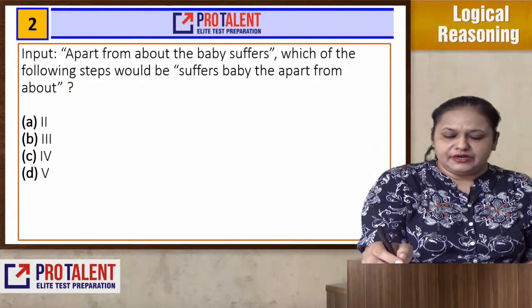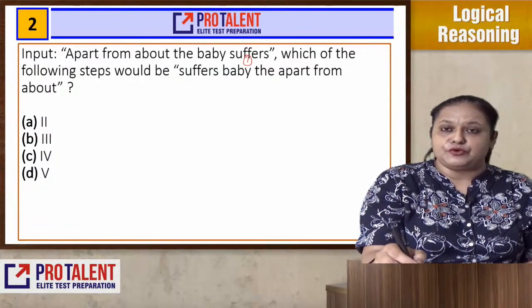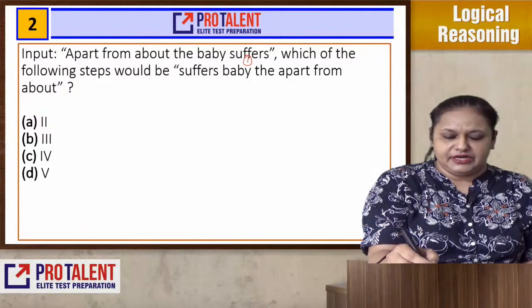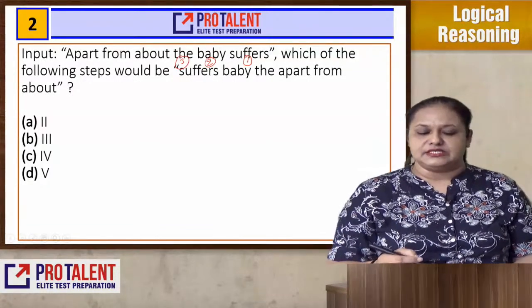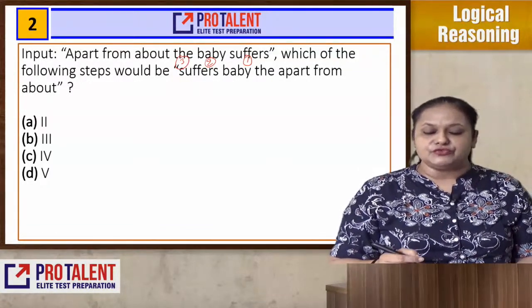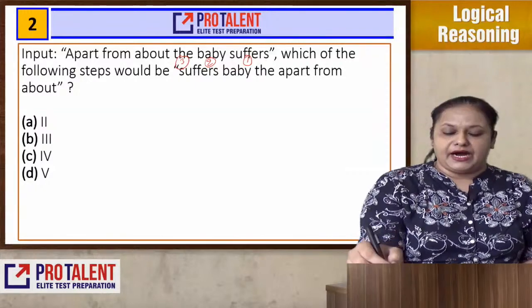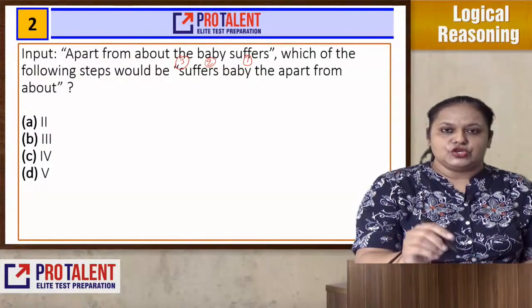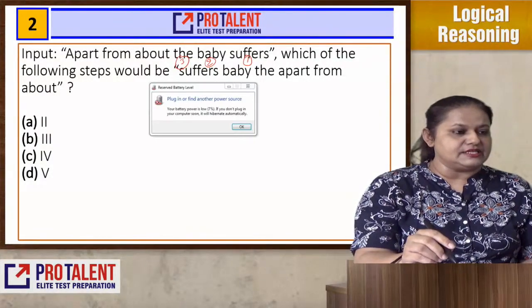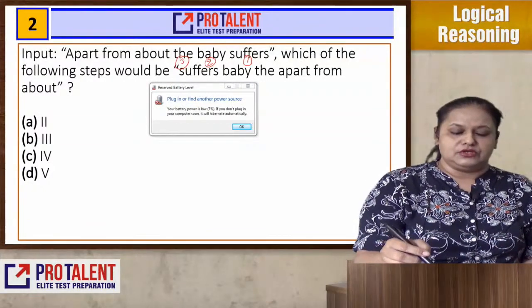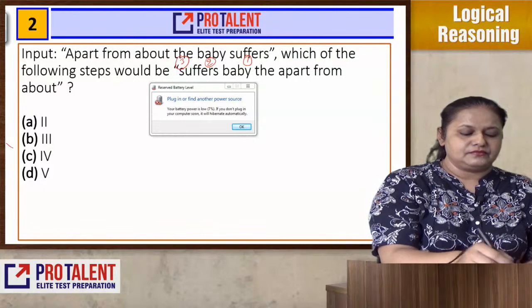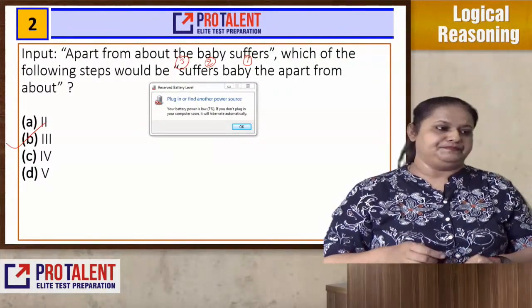So suffer would have taken the first step to go at the back, then baby second step, and then this would have been coming in the third step, and the rest of the sequence would have been as it is, apart from about. So what is going to be the answer? The answer is going to be B, right, and that is going to be option B. Okay.